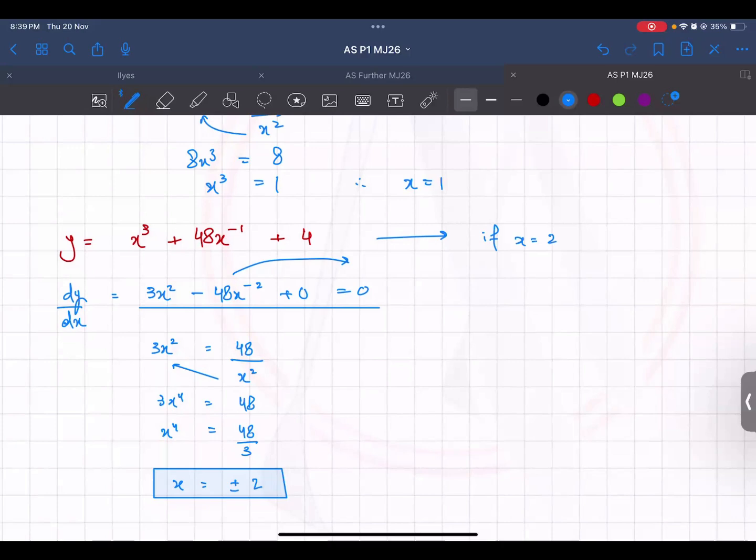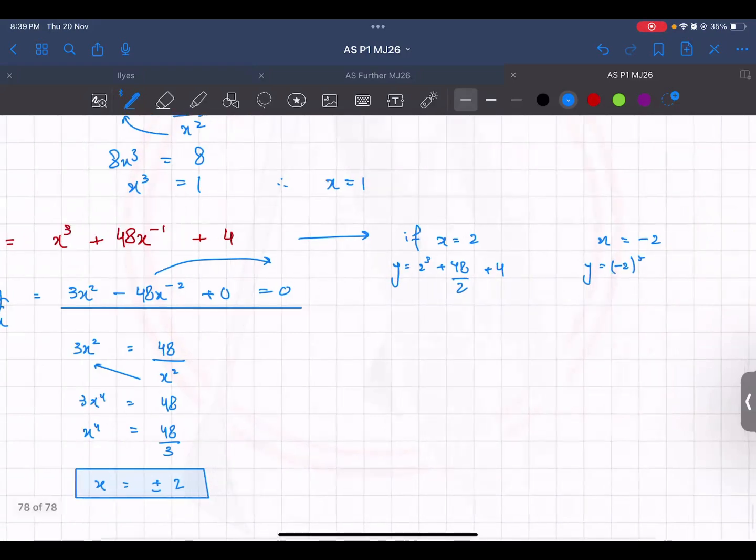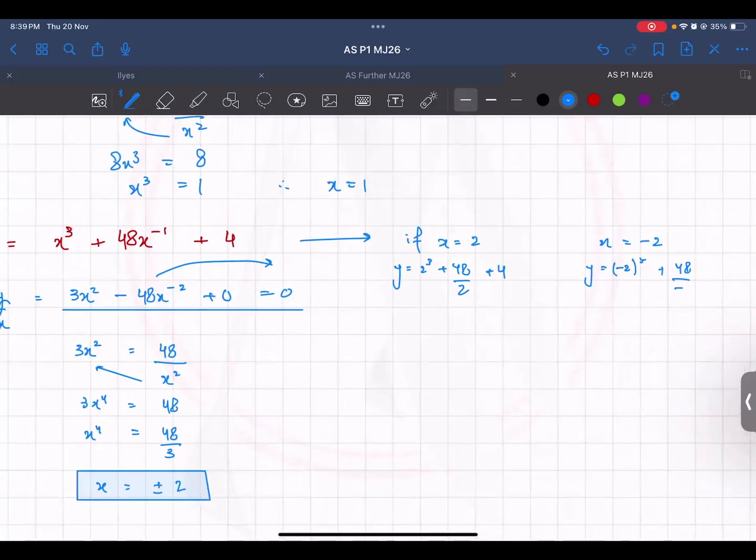If x is 2, if x is minus 2. So y is equals to 2 cube plus 48 upon 2 plus 4. Y is equals to minus 2 cube plus 48 upon minus 2 plus 4. So this would become 8 plus 24 plus 4, 36.